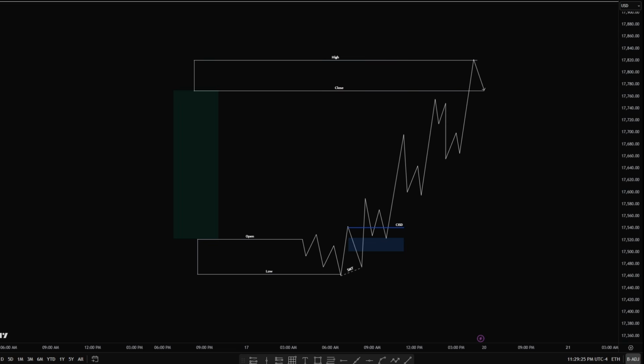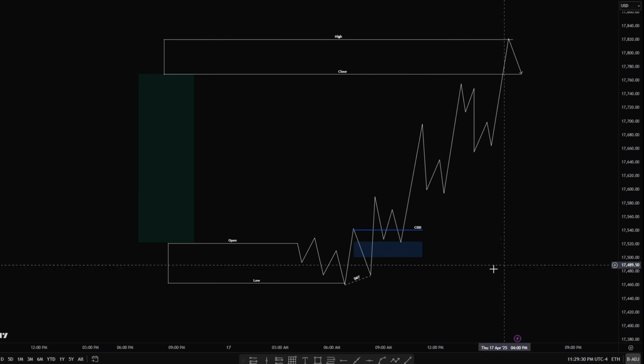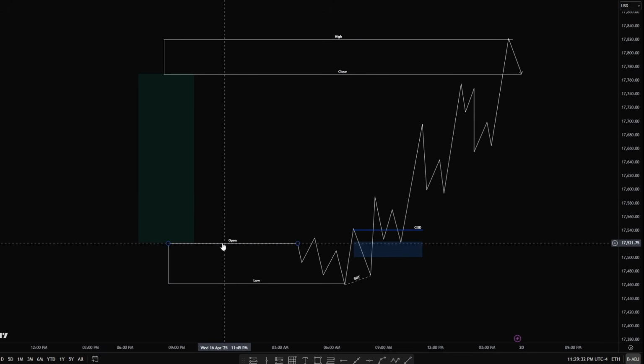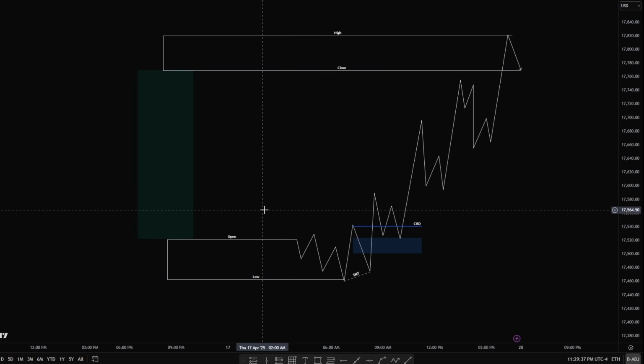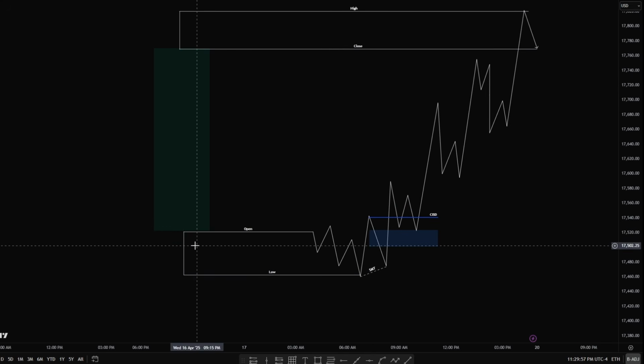So why is it so important? We have to understand why these candles matter, because our goal, if we want to catch expansion moves and the best entries, is this: if we're bullish on the daily, or bullish going into the trading day, and we want to see the daily candle expand to a certain level higher, our goal is to find a trade below the candle open, or just around the open.